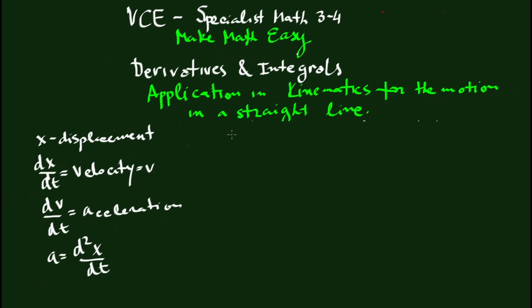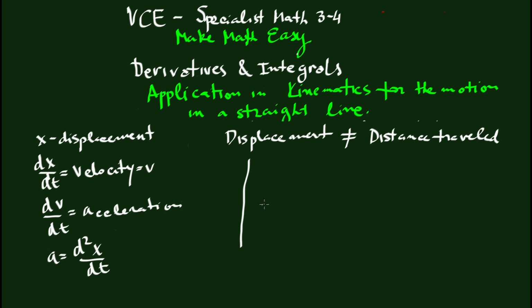And at the end, let's point out the difference between displacement as different from distance traveled. So if we have a graph like that, of velocity, and for example you have a function like that, you know that x equals v times t.